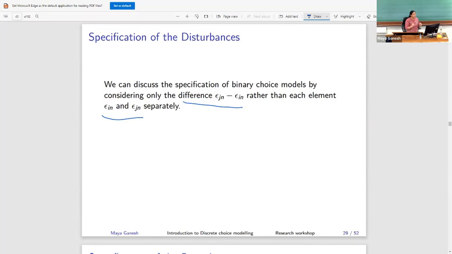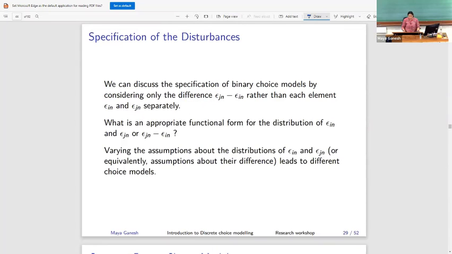Similarly, different assumptions about the distribution of epsilon jn minus epsilon in lead to different choice models. The easiest one to think of is if this difference is uniformly distributed.